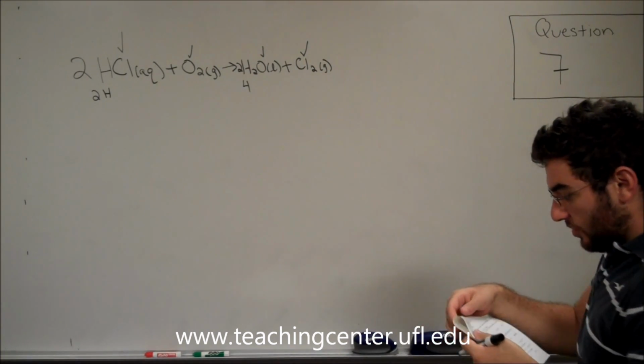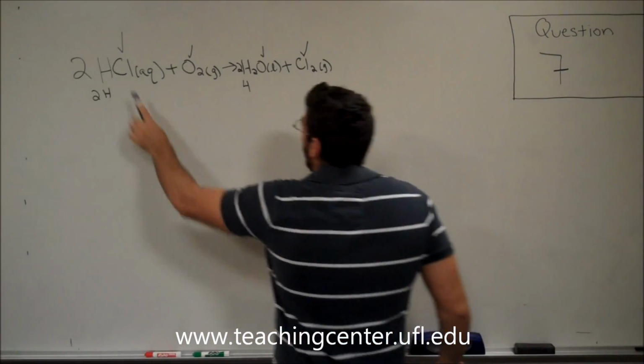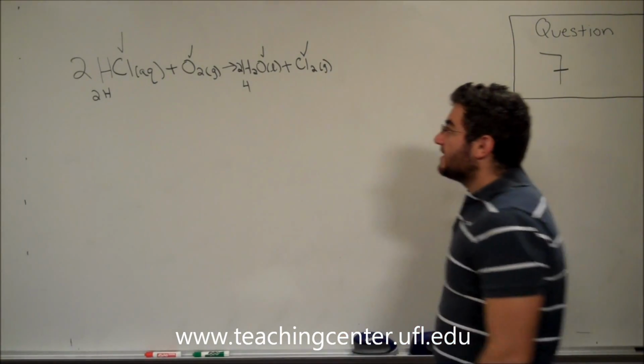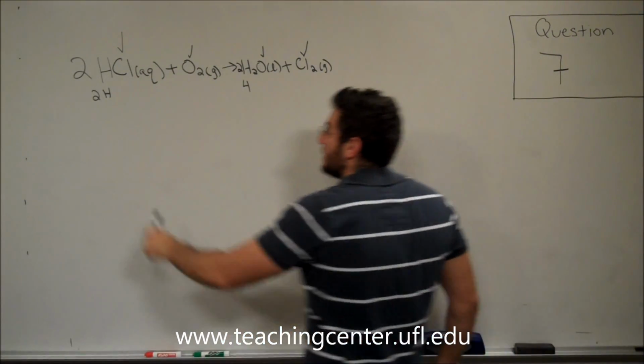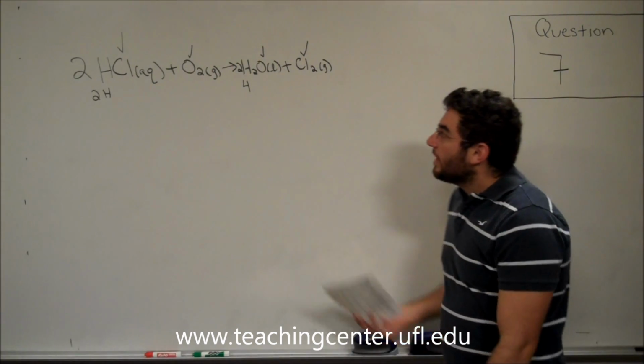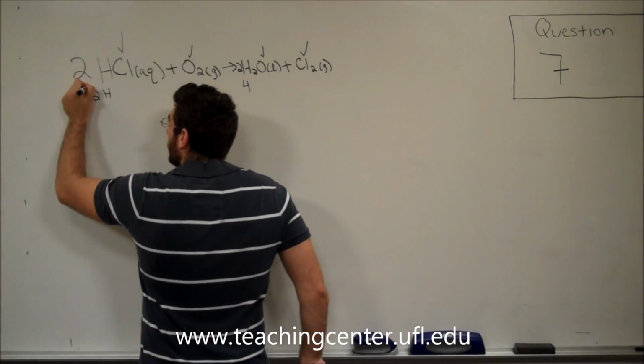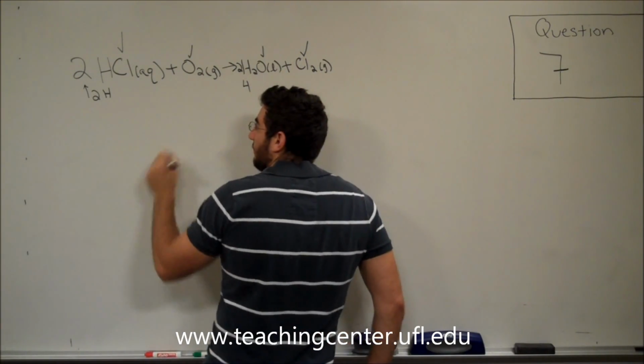So what we have to do in this case is we know that the ratio 2:1 is not going to work out because we need to get 4 hydrogens on this side to work out. So in order to get 4 hydrogens, what I'm going to do is go ahead and double this one to get 4 hydrogens.